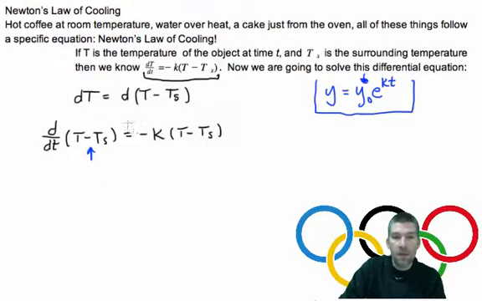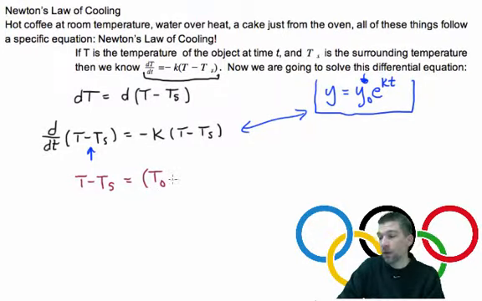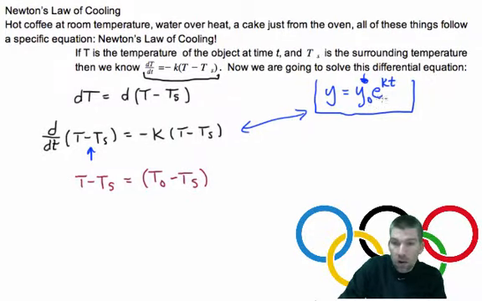And so our problem then, if we follow what we've done over here previously, what we've set up, we're going to separate variables, integrate, and it's going to have this shape, right? And so what we end up with is this: T minus the temperature of the surrounding area, because if you integrate this side, that's what you get, is equal to T initial, or the initial temperature, minus the temperature of the surrounding area, times e to the kt.